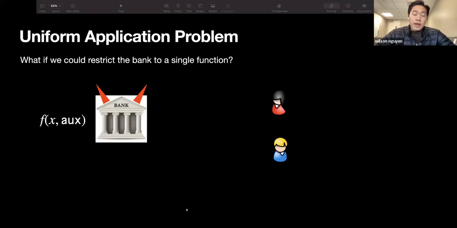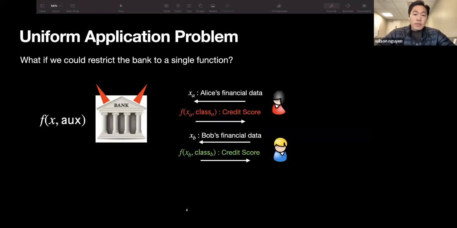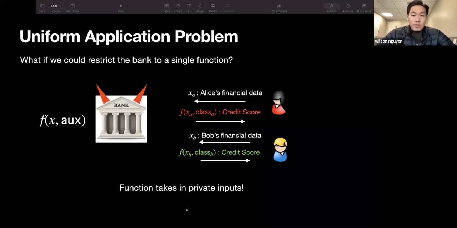So imagine that Alice is a part of some class of people, class A, and Bob is a part of a different class of people, class B. We can see that after requesting financial data, they receive basically two different algorithms applied on their financial data. And so the issue here instead is that the function takes in private inputs that are not made public or are not known to Alice and Bob.